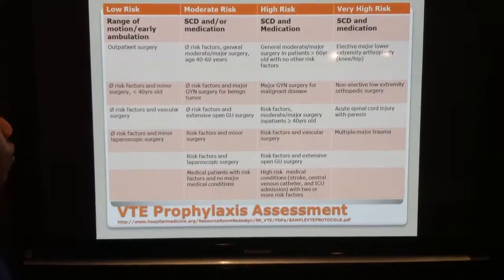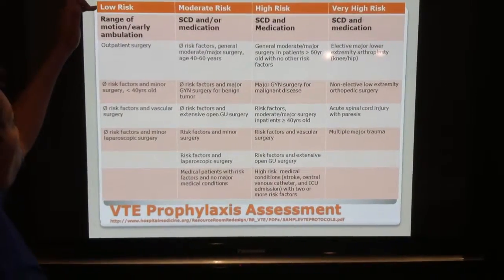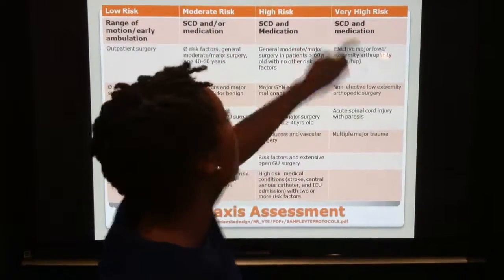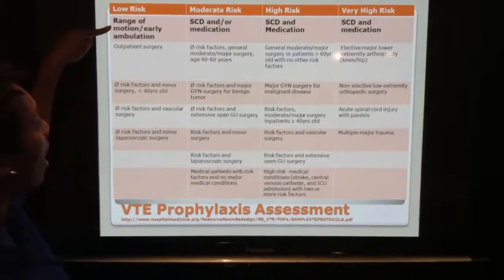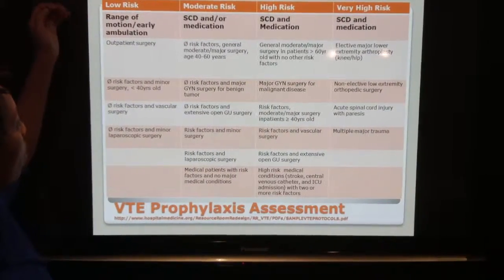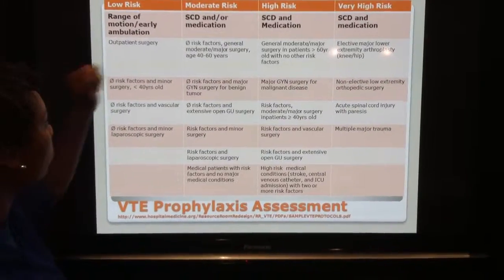Now, you can group patients in this type of algorithm: low risk, moderate risk, high risk, or very high risk. For patients at low risk for VTE, the treatment is range of motion and early ambulation.